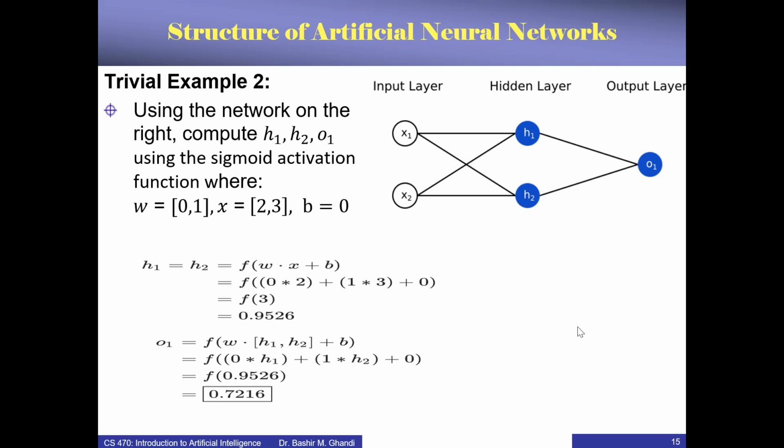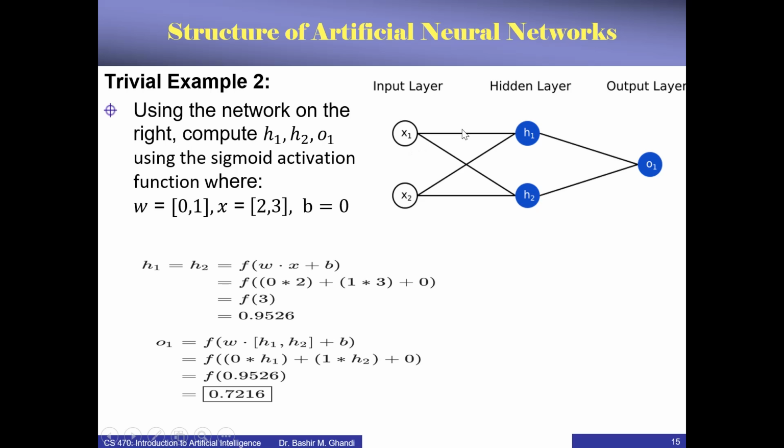H1 is going to be equal to H2, and it's going to be equal to the products of the X and the W's plus the bias. So it's going to be like before, 0 times 2 plus 1 times 3 plus the bias, which is 0, and this time because there is no bias, you're going to get 3, and sigmoid of 3 is 0.9526.